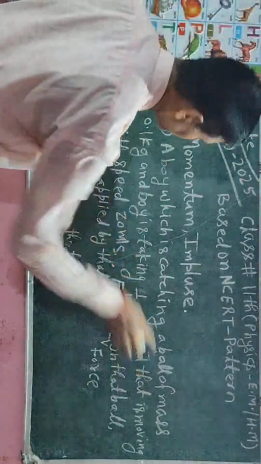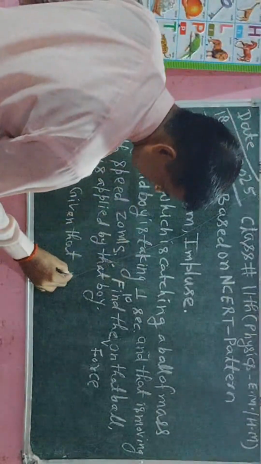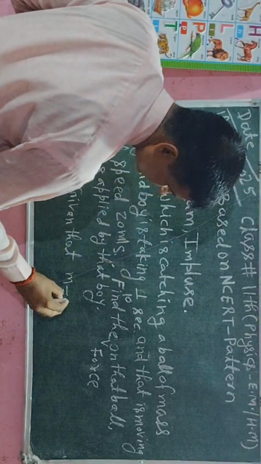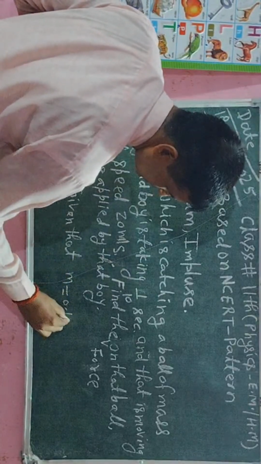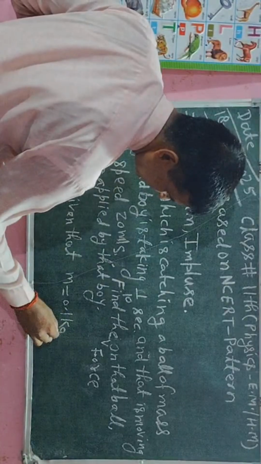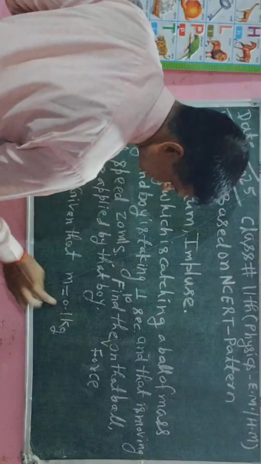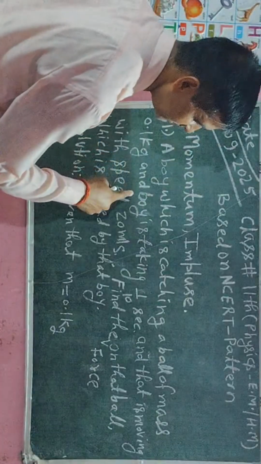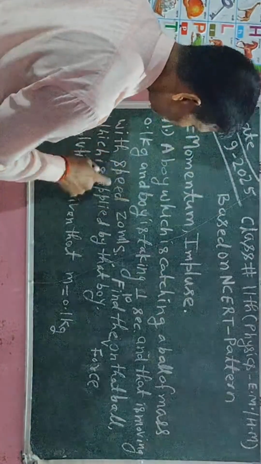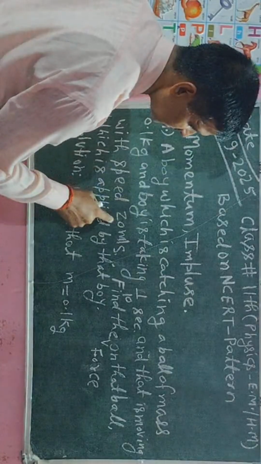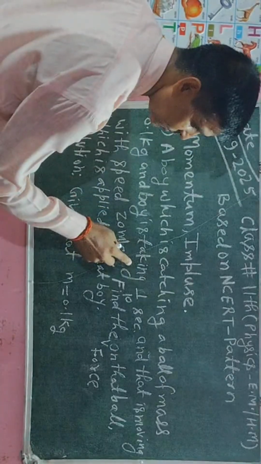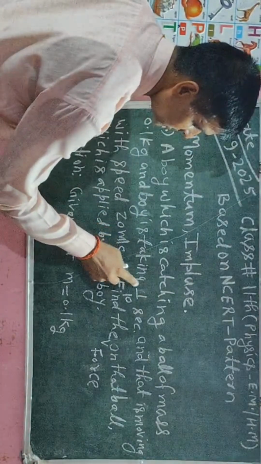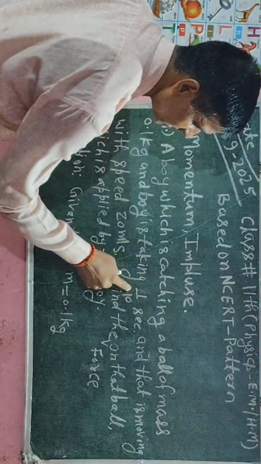the mass of the ball is given here, 0.1 kg. That is given, and it is available in the question. Okay, and then that wire is moving with the speed of 20 meters per second, but that ball is caught in 1 divided by 10 seconds.